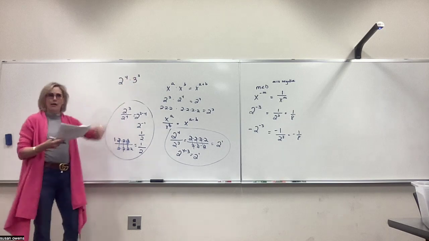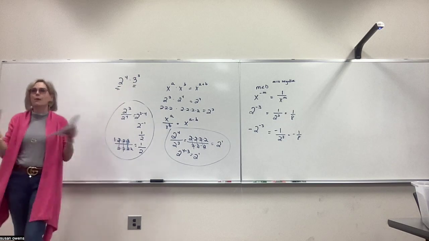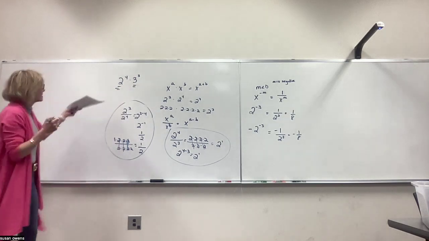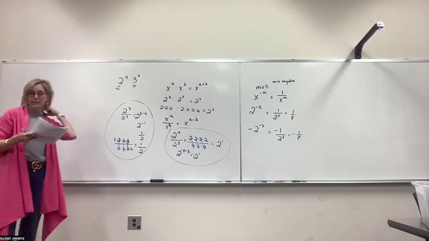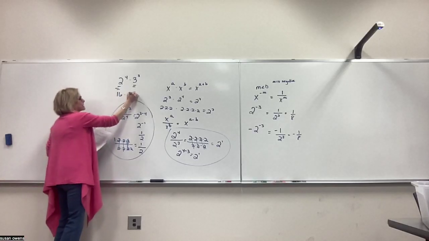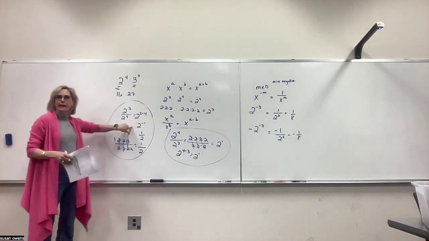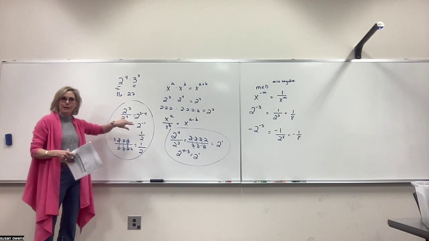You can't do that. When the bases are different, you can't combine it. You could do the math. You could say, well, 2 to the fourth is 16 times 3 to the third is 27, and then do the math. But we can't simplify it like we can when the bases are the same. Does that make sense?